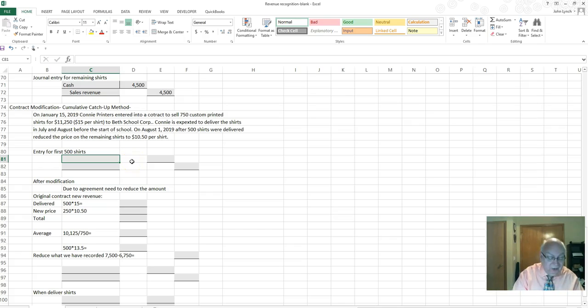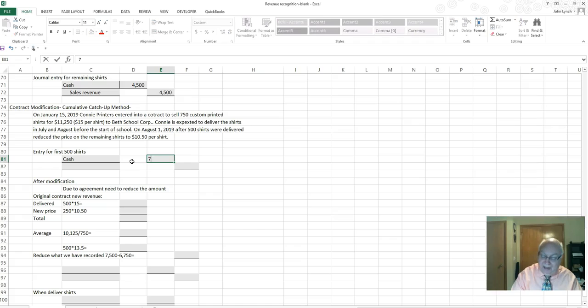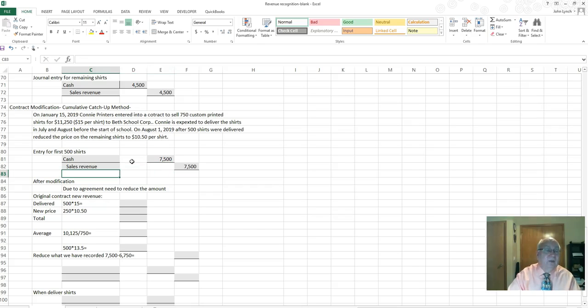So the entry for the first one is going to be cash or accounts receivable, again for the $7,500 because that's the 500 times the 15. Sales revenue will also be the $7,500, just like we did before. Due to the agreement, we need to reduce the amount of the original contract.